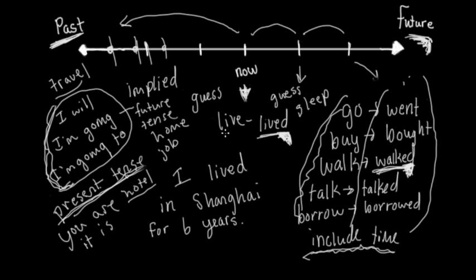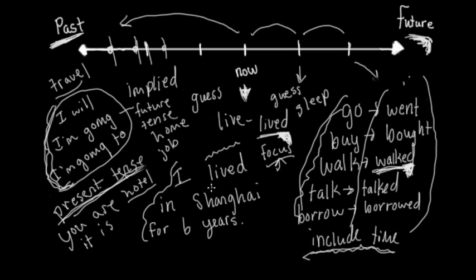Now, what I want to focus on, what's important here is the duration, the time that I did it, right? So in this situation, I'm using the simple past to focus on how long I did something in the past.